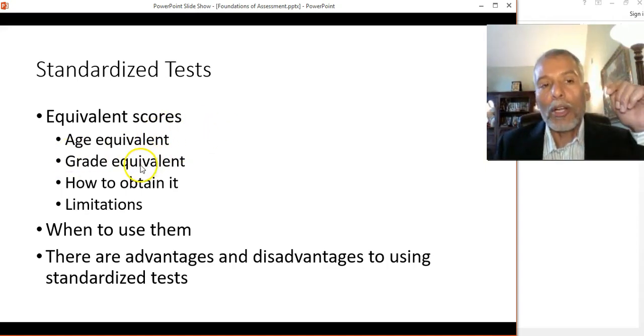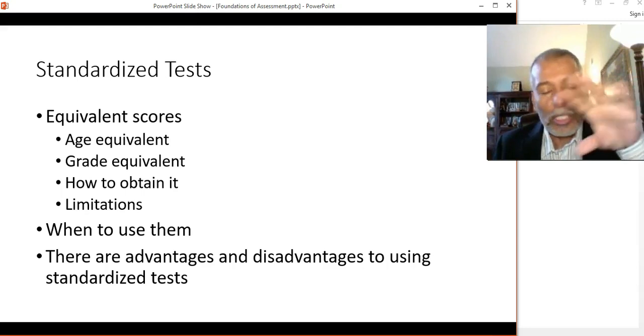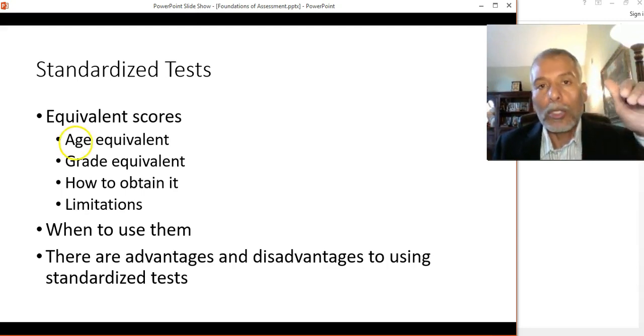So they give you a chart where you say, okay, I'm going to get an age score. That means compared to the age, how is this person doing? So the person you are testing is 9 years old, say with autism.